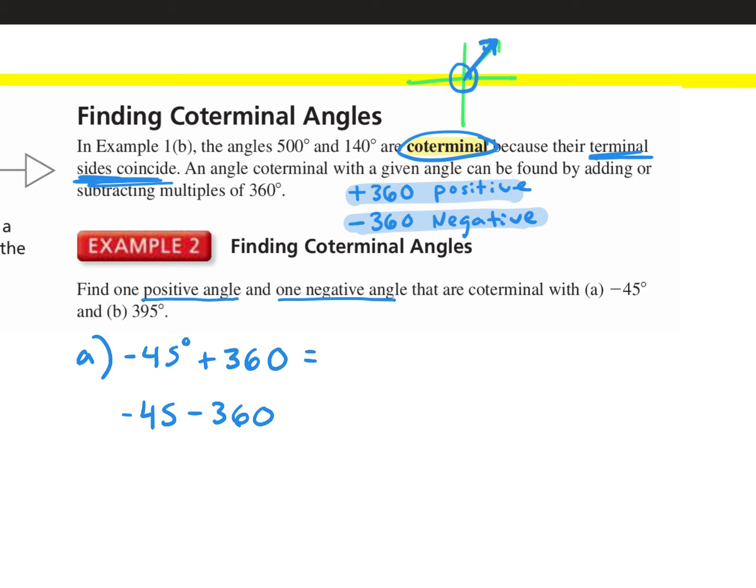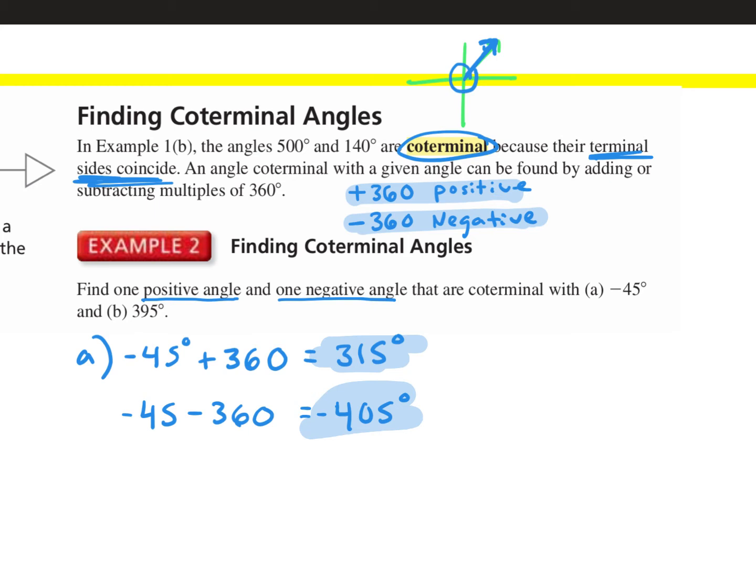So it's like 360 minus 45. 315. So 315 is our positive coterminal angle. And then what's negative 45 minus 360? Negative 405. So that would be our negative coterminal angle. You would have to graph.